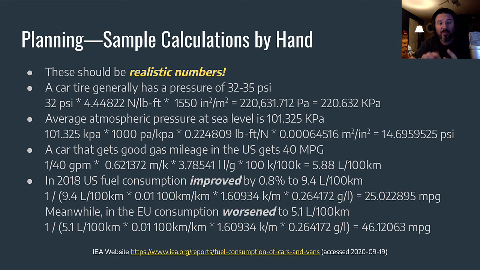So the first thing I had to do was invert the miles per gallon and say 1/40th. So 40 miles per gallon is 1/40th of a gallon per mile. Multiply that times the kilometers per mile and all the rest of this, and I ended up with 5.88 liters per 100 kilometers. And that's the equivalent of 40 miles per gallon.